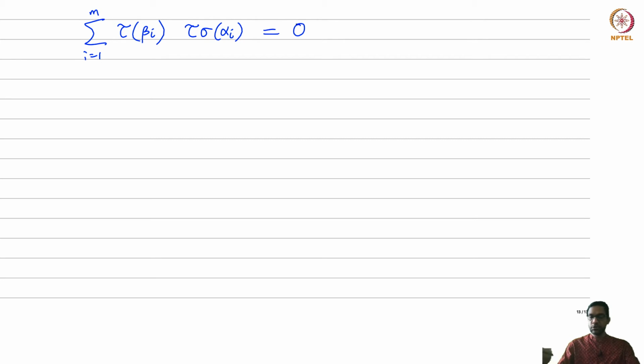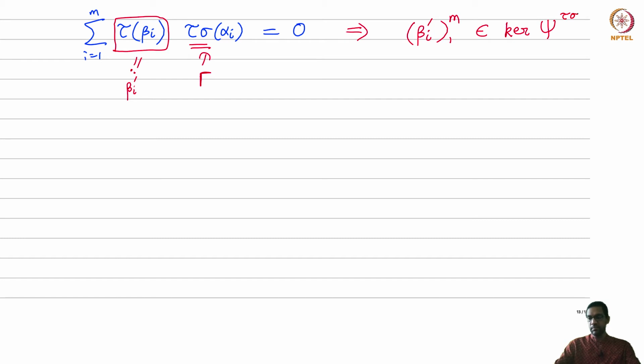I've used the fact that tau respects both addition and multiplication, and now observe tau sigma is just another element of gamma. So if I look at these numbers tau beta i, maybe I'll give them a different name, beta i dashes, then this new m-tuple is also in the kernel of psi, but not of psi sigma, but of psi tau sigma.